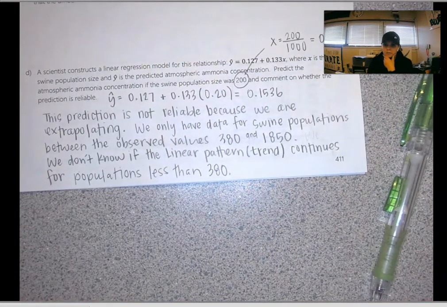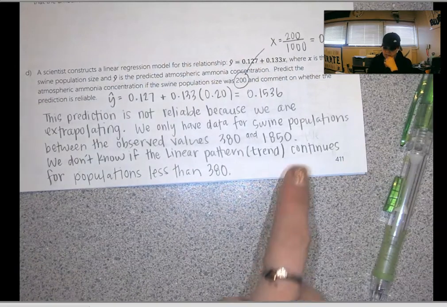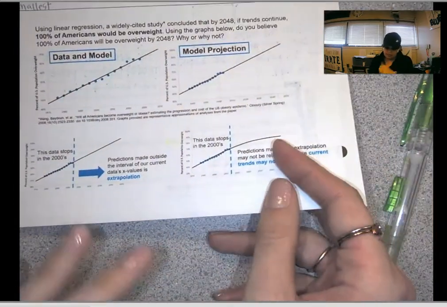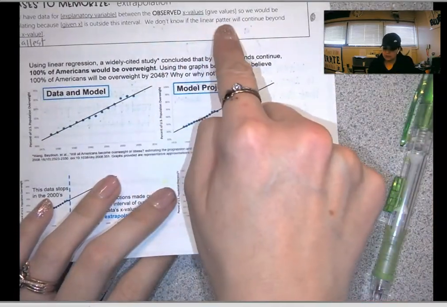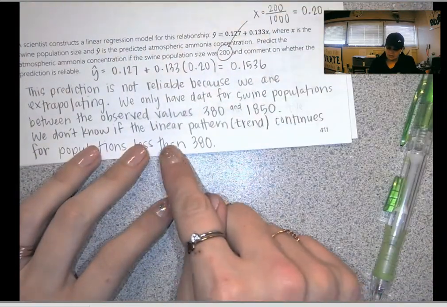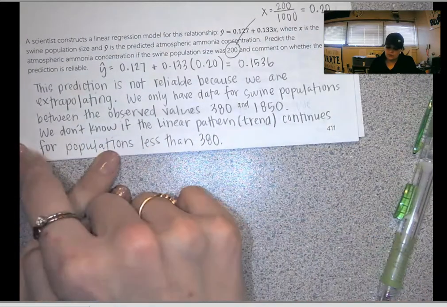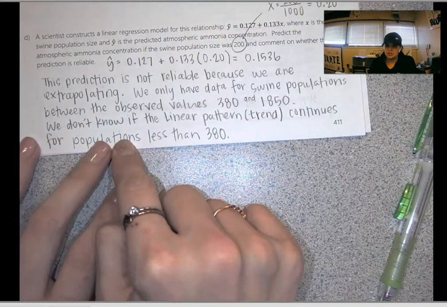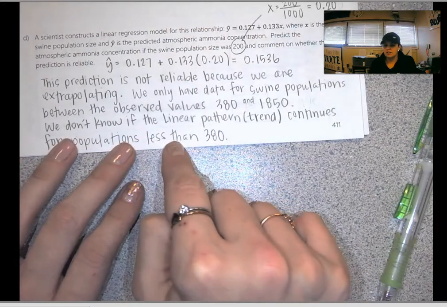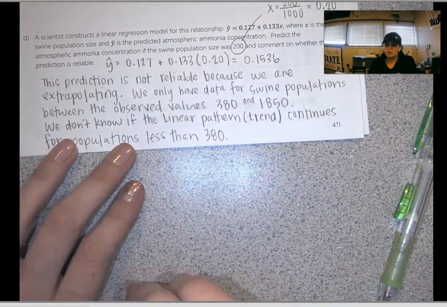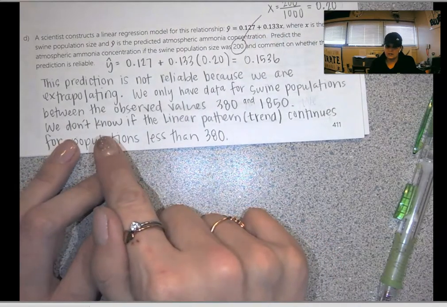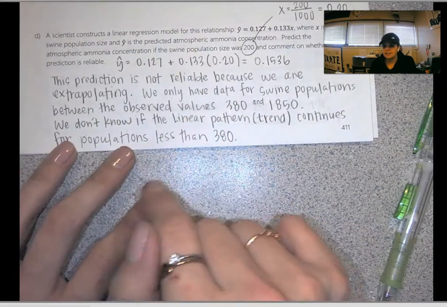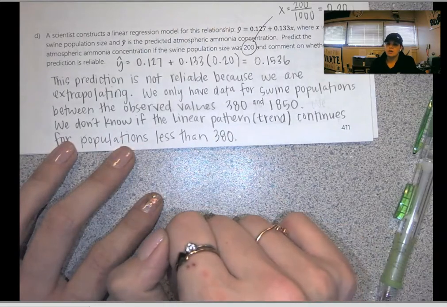So I had to make a couple of modifications to our phrases to memorize. One is that the sentence is slightly different. Here it says, we don't know if the linear pattern will continue beyond the largest x value. And I said, we don't know if the linear pattern continues for populations, and then I needed to be clear that it was below our minimum value, so less than or below 380.